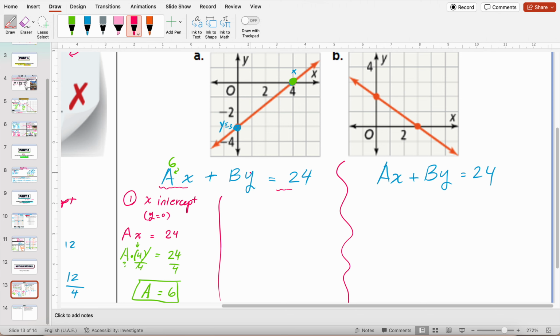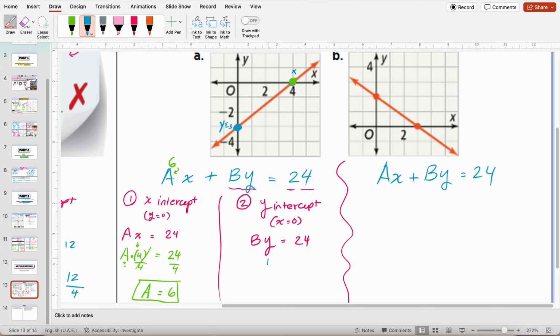Do the same for b. B is related to the y-intercept. So if I wanted to find the y-intercept, then I'm going to put x as 0. If x was 0, then my equation will only have by equals 24 without the ax. X is 0, so let's write it down: by equals 24. Now, the good thing is, I already know that the y-intercept is 3.